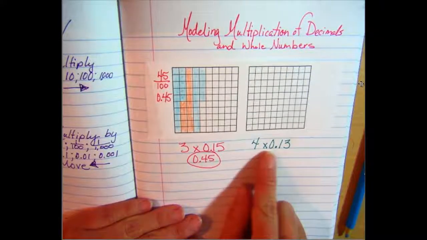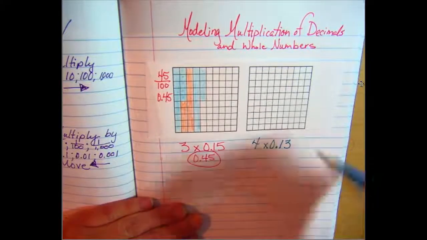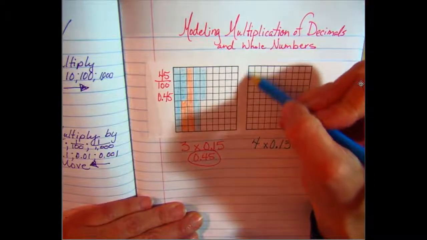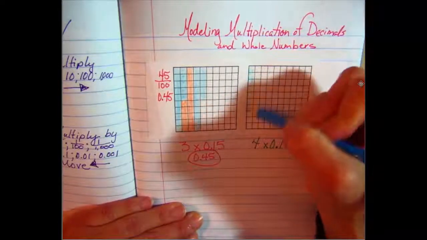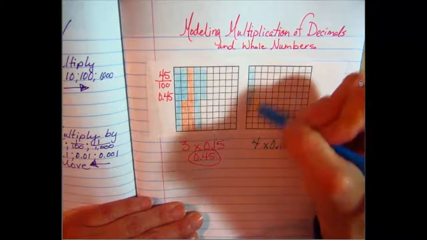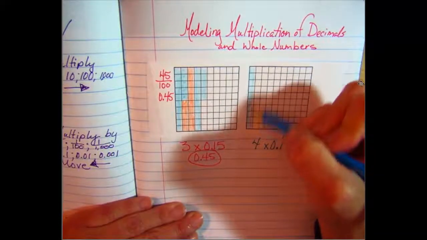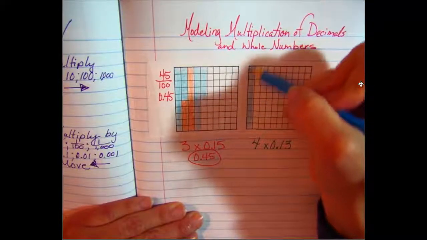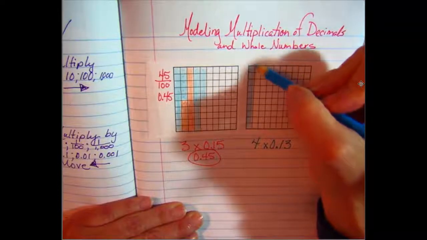4 groups, because we're doing 13 hundredths 4 times. So I'm going to start with one color, and I can color in a column for 10, and 3 more.